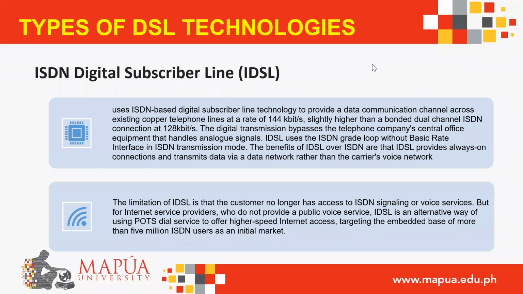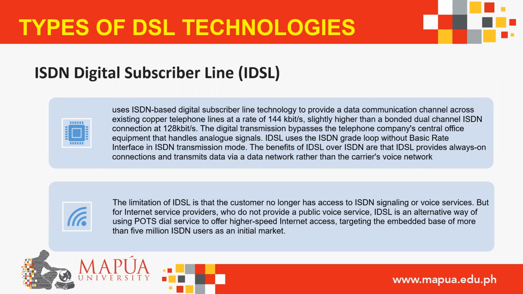The digital transmission bypasses the telephone company's central office equipment that handles analog signals. IDSL uses the ISDN grade loop without basic rate interface in ISDN transmission mode.